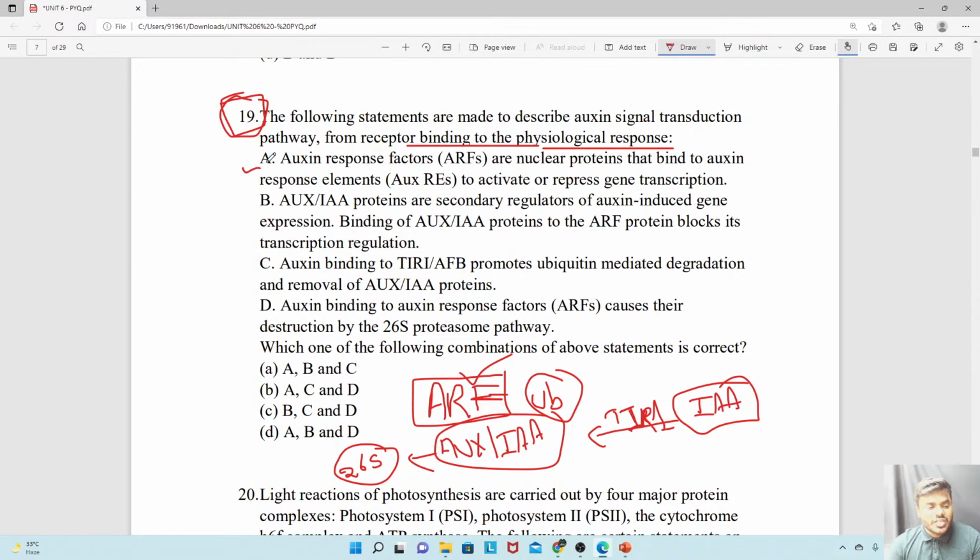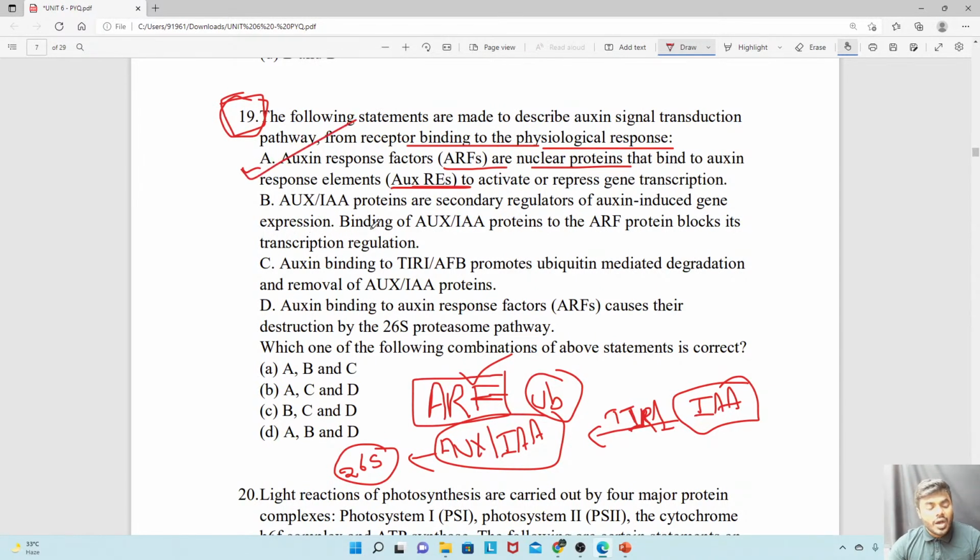Now look into option A. Auxin response factors, ARF, are nuclear proteins that bind to the auxin response element. Of course true. Where will the transcription factors associate? Transcription factors associate within the nucleus. Their function is to regulate the transcription of the hormone. Absolutely, statement A is right.